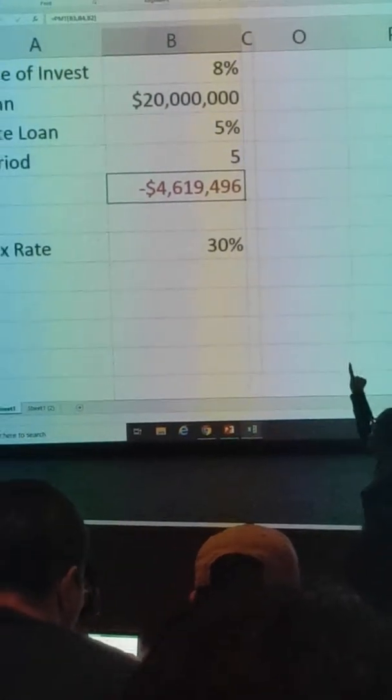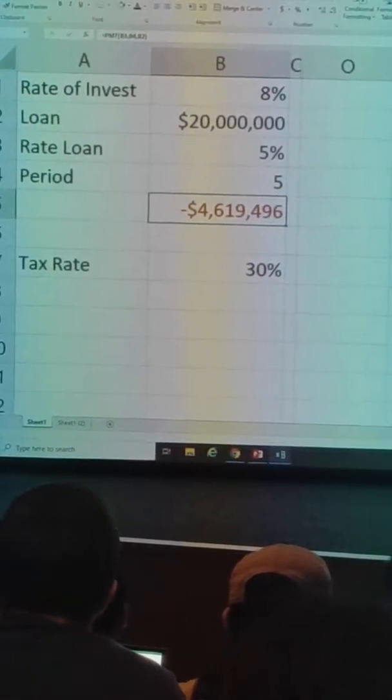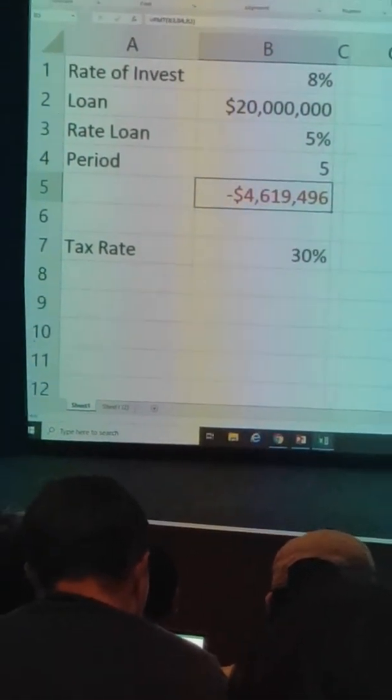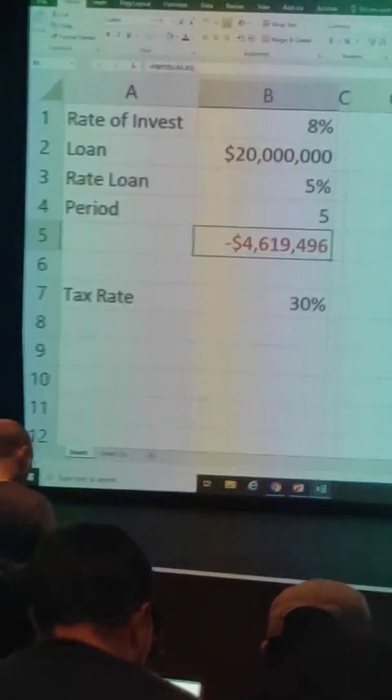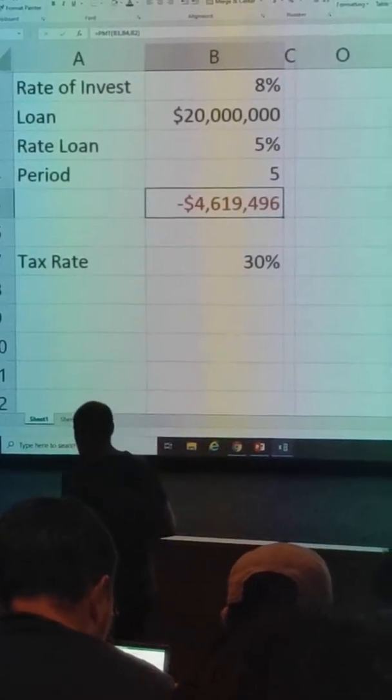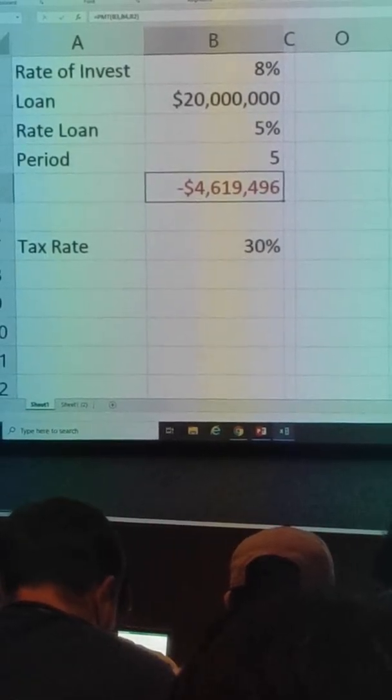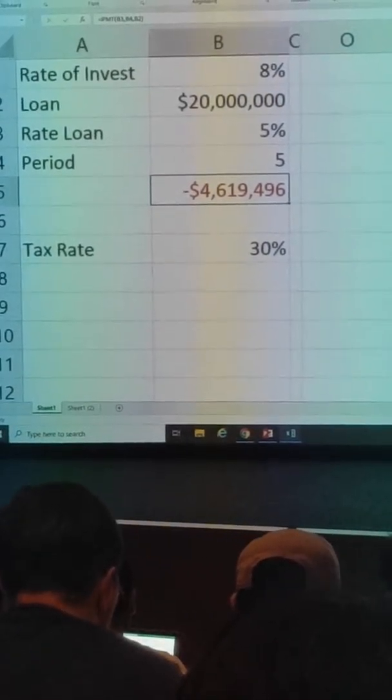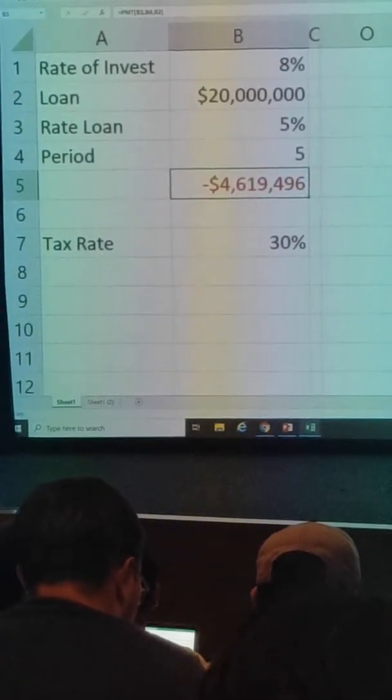Because you want to know, if you take that $20,000 loan and you're paying 5% interest per year, how much are you saving on paying tax? That's essentially what we're trying to calculate. How much less tax do we have to pay because we have a loan?